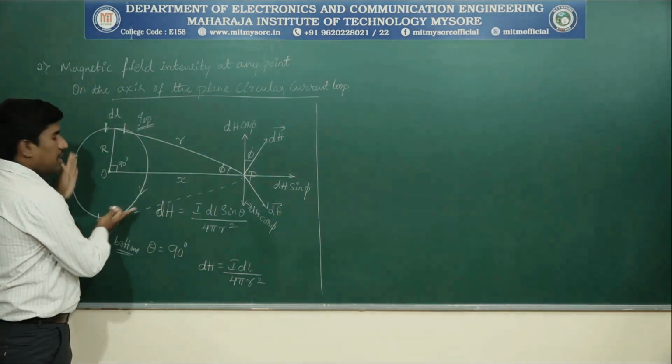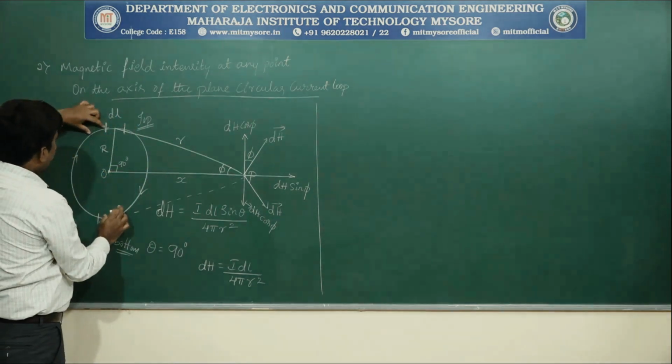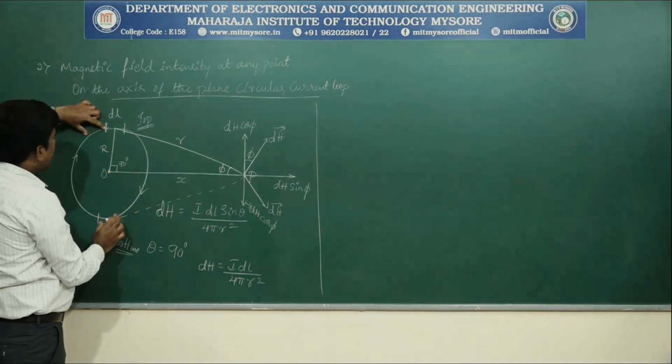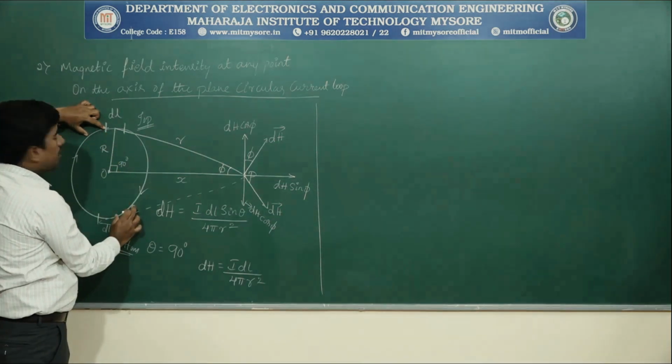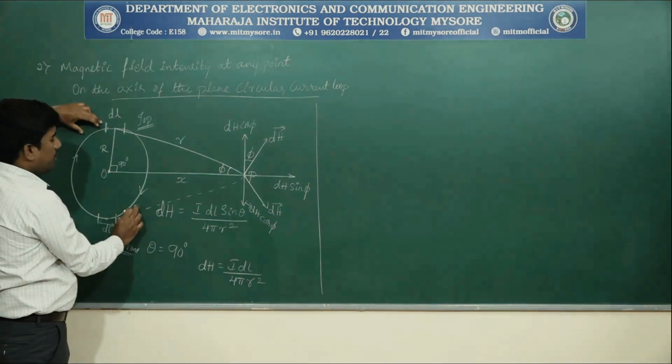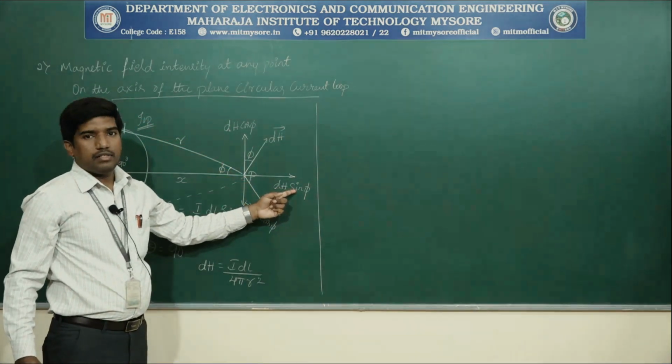The same theory applies for the entire circular loop. If I consider an element here, its diametrically opposite point comes here, these two cosine components get cancelled, we are left with only sine components.